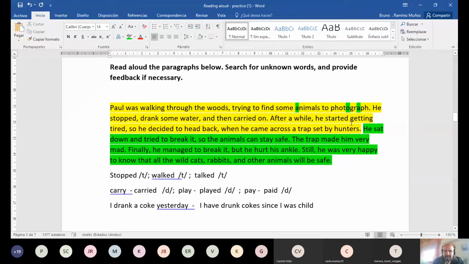After a while, and he started getting tired. He started getting tired, so he decided to head back, a trap again. Okay, and he came across a schwa here, a trap here, right? Set by hunters.